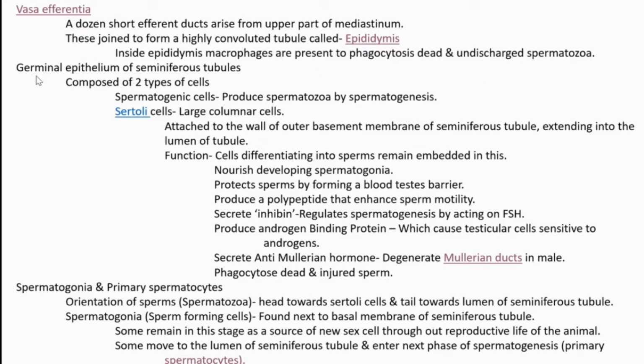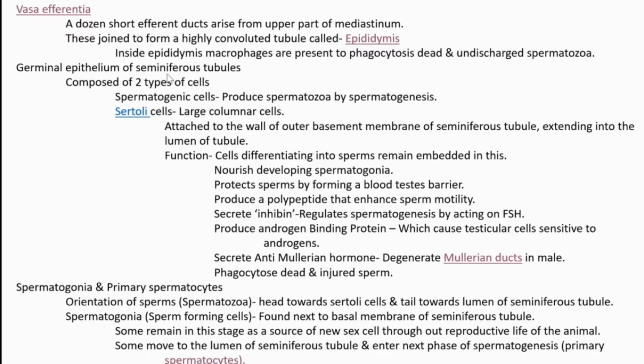Then we are going to learn about the germinal epithelium of the seminiferous tubule. Inside the seminiferous tubule, there is an epithelium called the germinal epithelium. That epithelium is composed of two types of cells: spermatogenic cells and Sertoli cells. These two types of cells form the germinal epithelium of the seminiferous tubules.